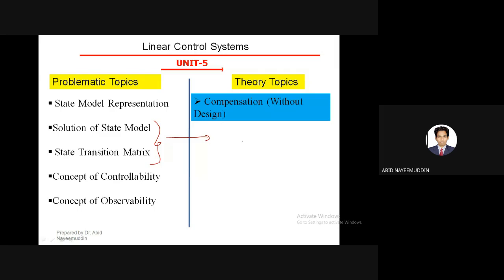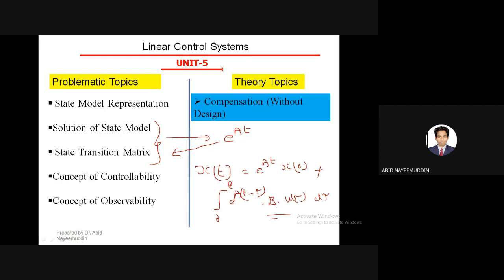Here e power at is known as the state transition matrix, and the solution is x of t equal to e power at into x of 0 plus integration of 0 to t, e power a into t minus tau, into b, into u of tau, d tau. From the given data, multiply and add everything and you will get the final answer x of t, that is the time response analysis. So here is the end of this concept.